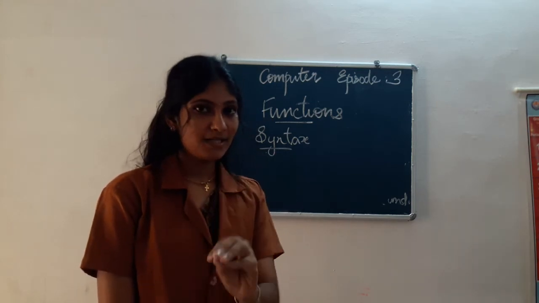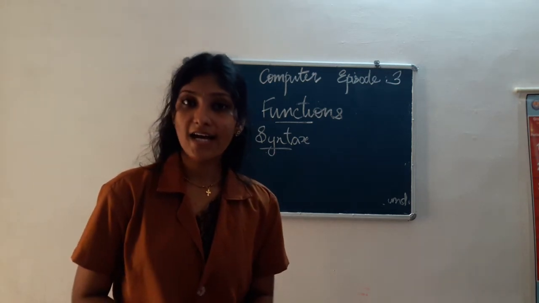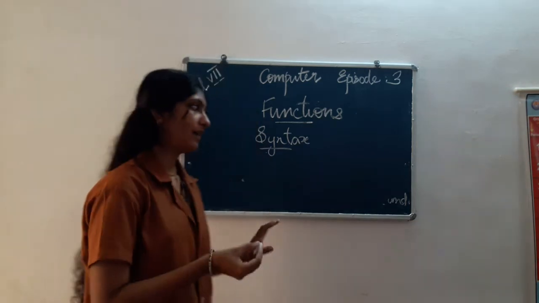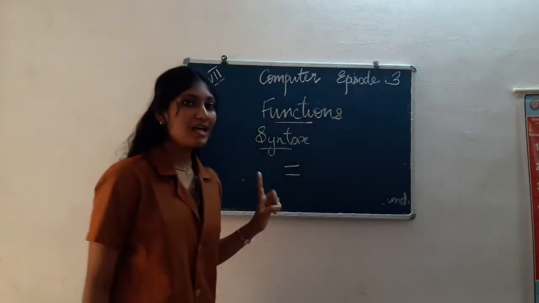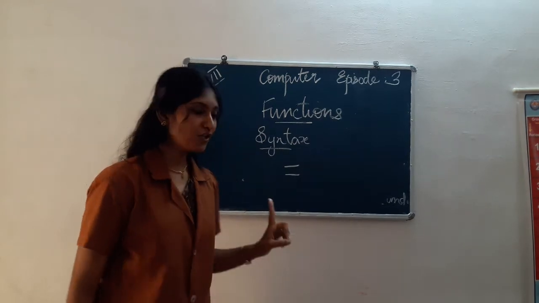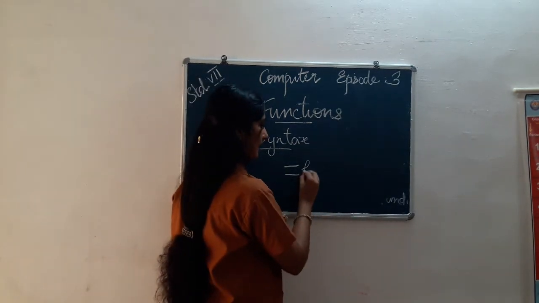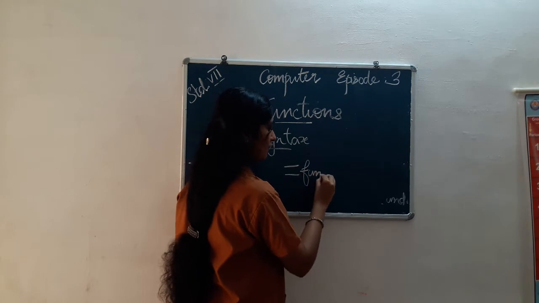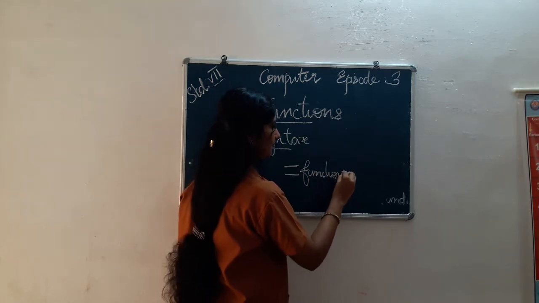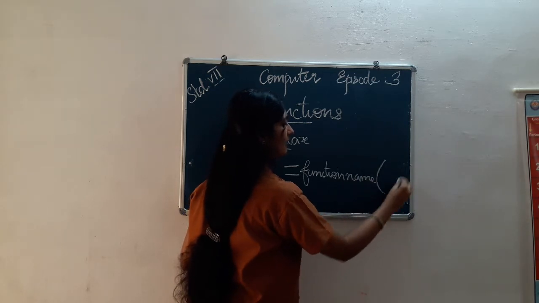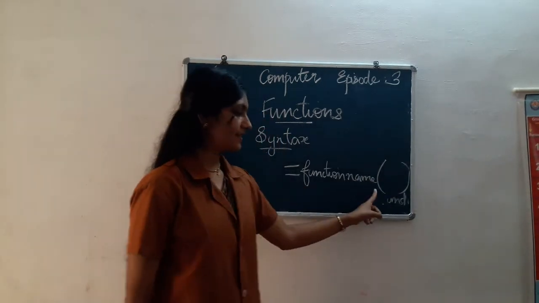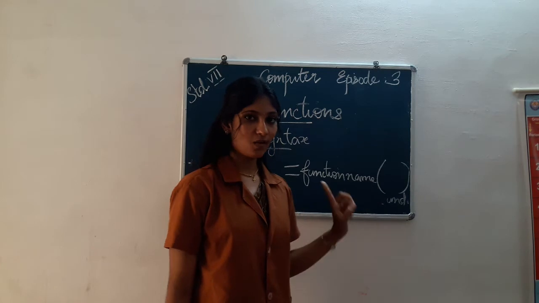First of all, a function starts with an equal to symbol. Every function starts with an equal to symbol. After that, there is a function name. Equal to symbol, then function name, and then there is an open bracket and a closed bracket.